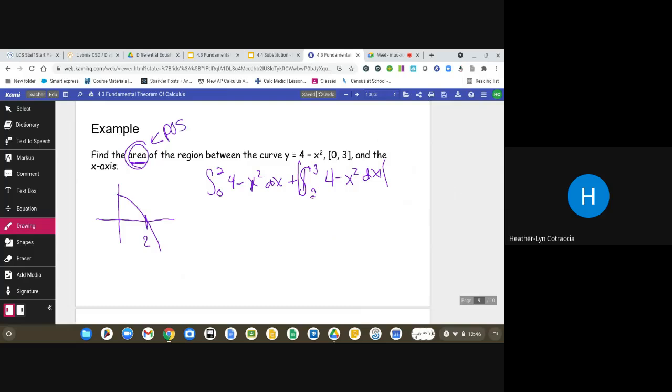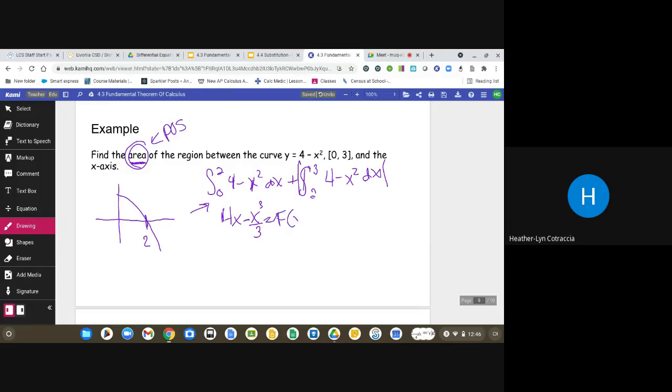Okay, so let's just work on this first one. The antiderivative of a constant is going to become 4x minus, and then we've got x squared, so we're going to add 1 to our exponent, so that becomes x to the 3rd over 3. That's my antiderivative.